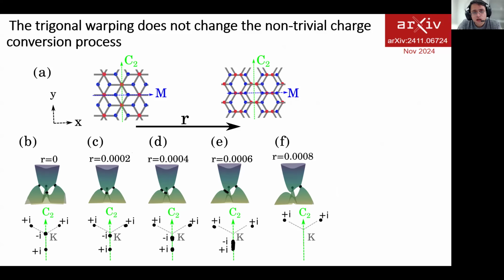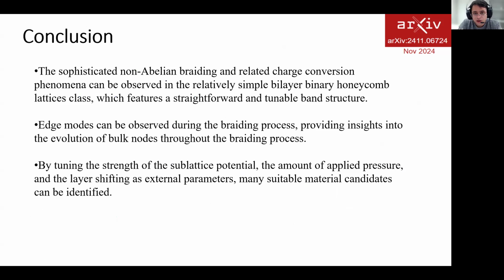Therefore trigonal wrapping does not change the picture of the braiding procedure, and we think that a bilayer of honeycomb lattice is a very suitable material for observing and measuring new predictions for such braiding phenomena.